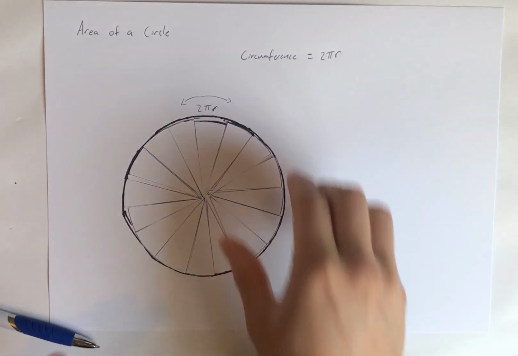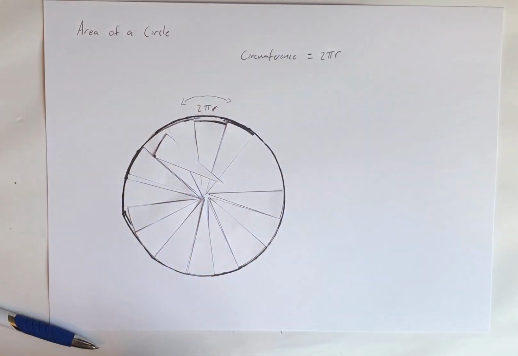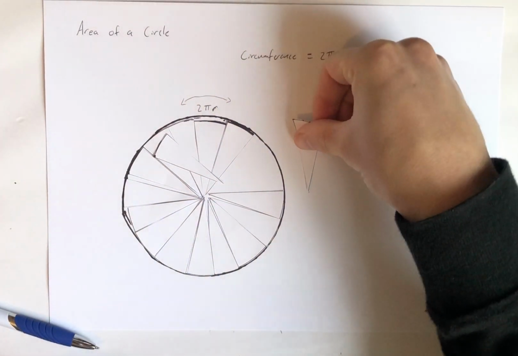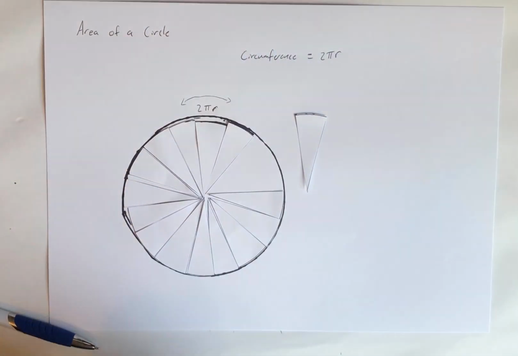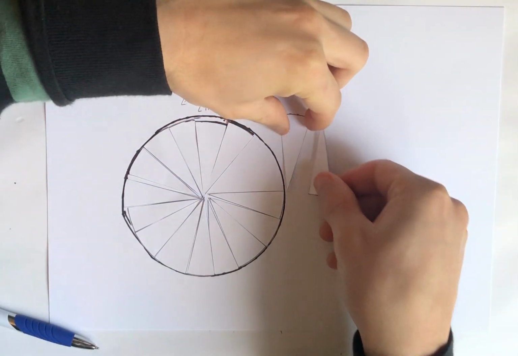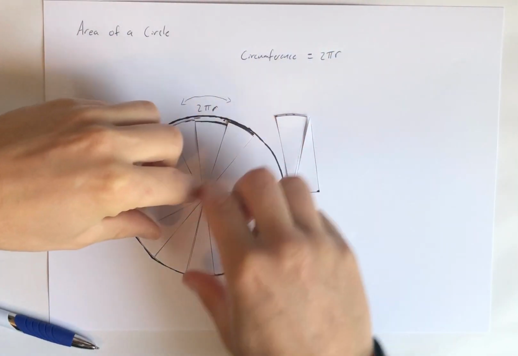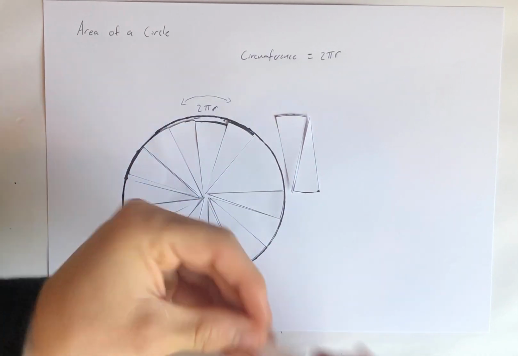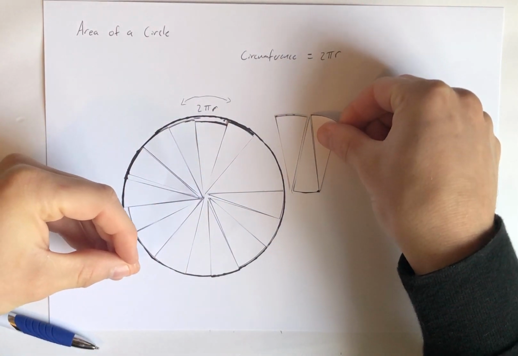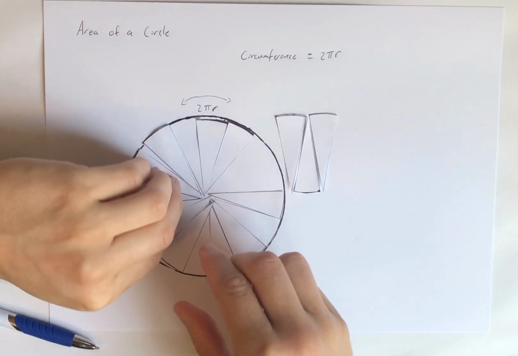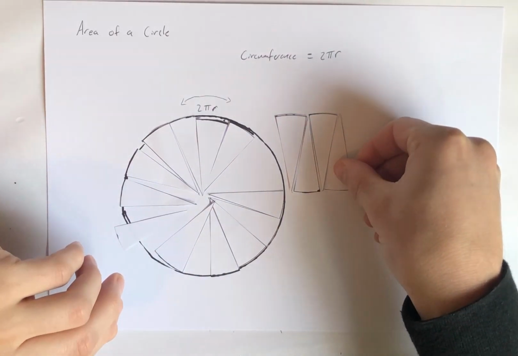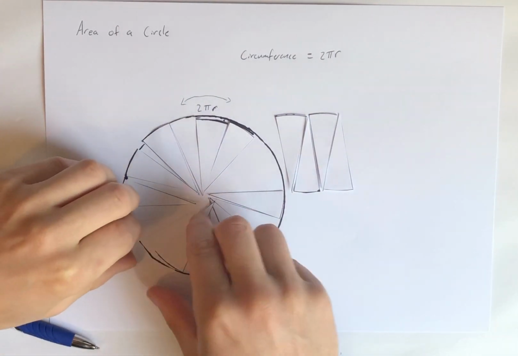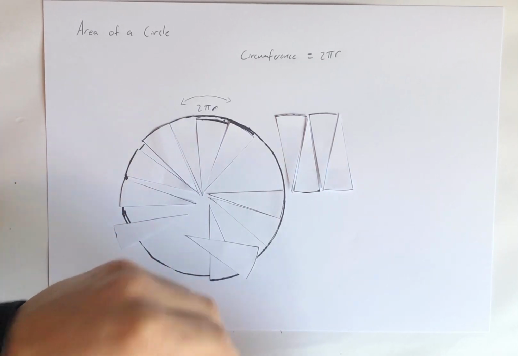So what I could get you to do is take all these pieces and construct a rectangle. This might take me a little bit of time, but I'm going to take all of these pieces and construct a rectangle out of them. Okay, so maybe I should have prepared one earlier.